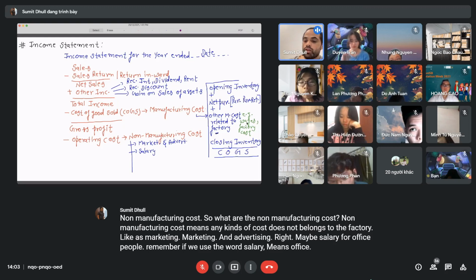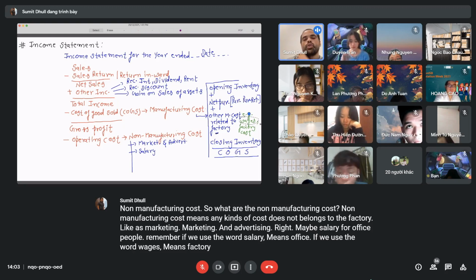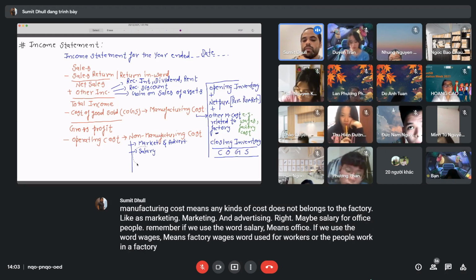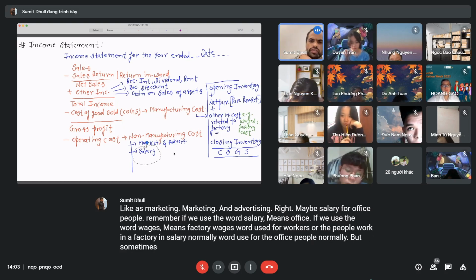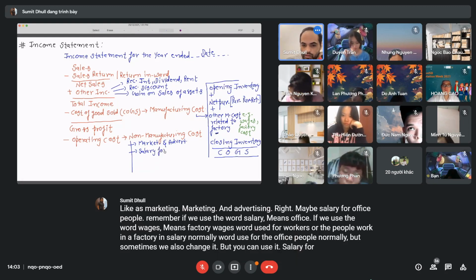If we use the word wages it means factory. Wages is used for workers or the people who work in a factory, and salary is normally used for office people. Normally, but sometimes we also change it.